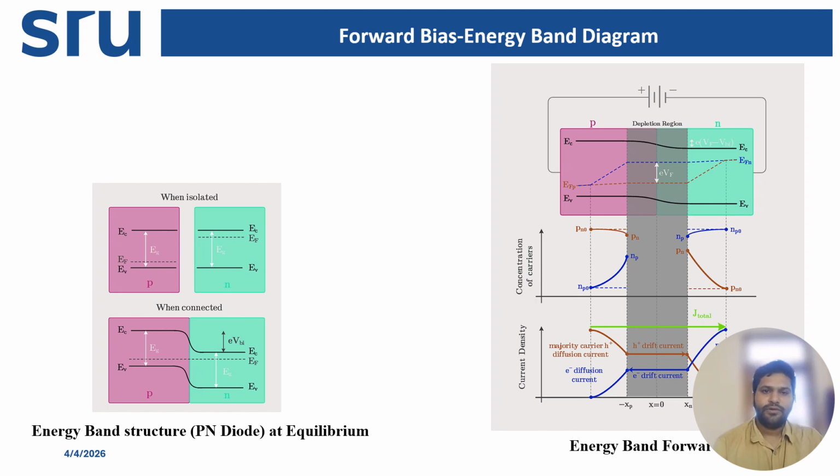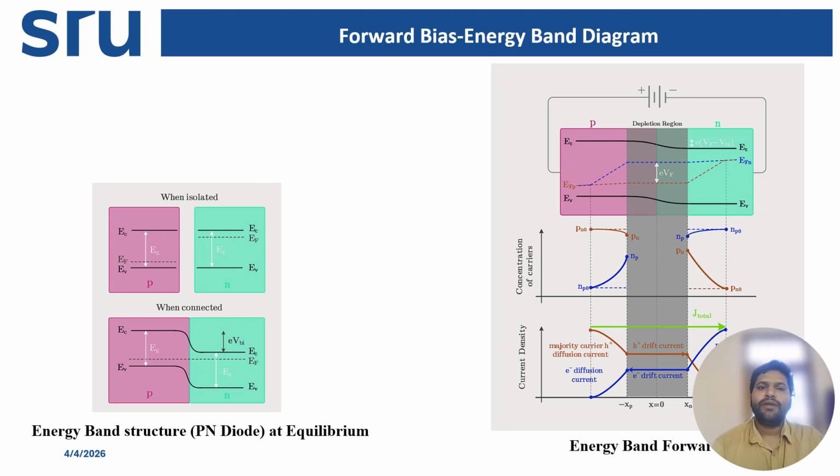Instead of one constant Fermi level, we now observe two quasi-Fermi levels, one for electrons and one for holes. This indicates that the system is under external excitation. The separation between the quasi-Fermi levels increases as the applied voltage increases.